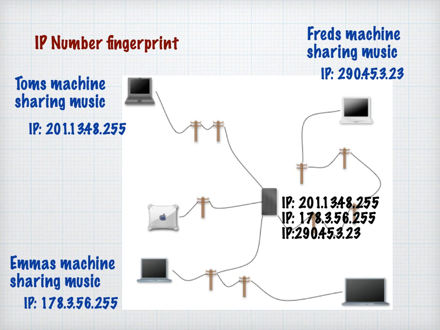So that's why you have to be very careful about using BitTorrent, because of course you mustn't illegally download music or files or anything like that. You will be publicly visible. Your IP number will be visible, and somewhere there will be a database saying which files you are sharing from your IP number.